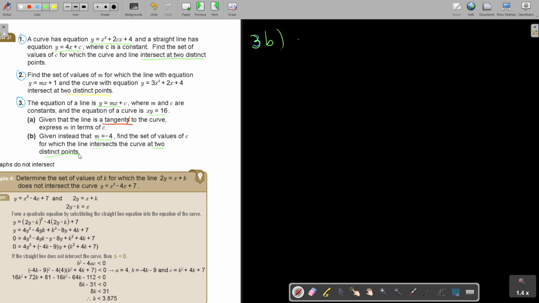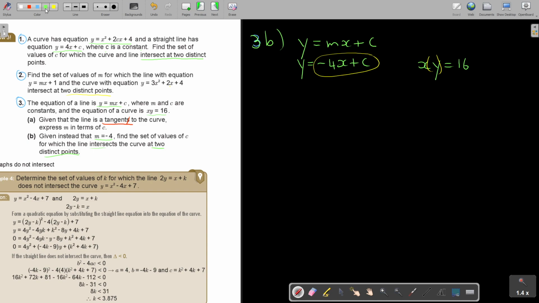And now don't forget, it was y equals mx plus c. But now they say m is negative 4, so y equals negative 4x plus c. So put it in. But the other one is still xy equals 16. And you still do the same. You still substitute this in there.